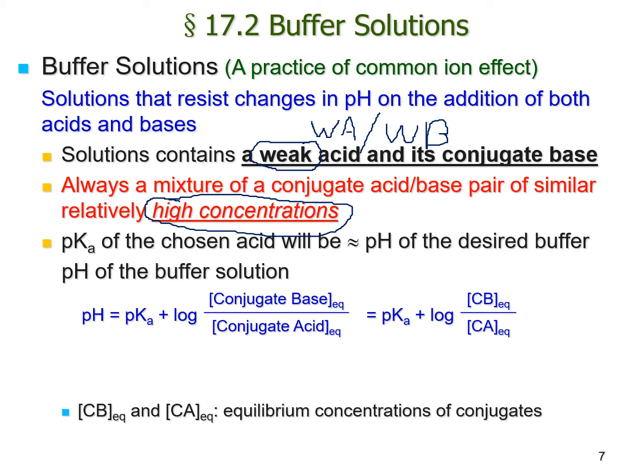Cb stands for conjugate base, Ca stands for conjugate acid. And here I want you guys to realize we put EQ as a subscript to let you understand we talk about the equilibrium concentration here.